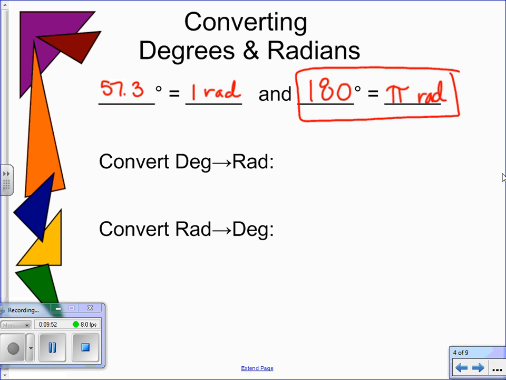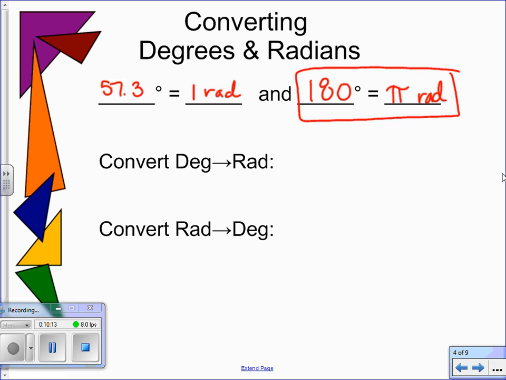Does anybody know the equivalency from science class? Conversion sheets. Okay, so there are different conversion sheets you might have in science. It's the same idea. We're just changing the units and we're talking about angle measures. So we're talking about degrees or radians.